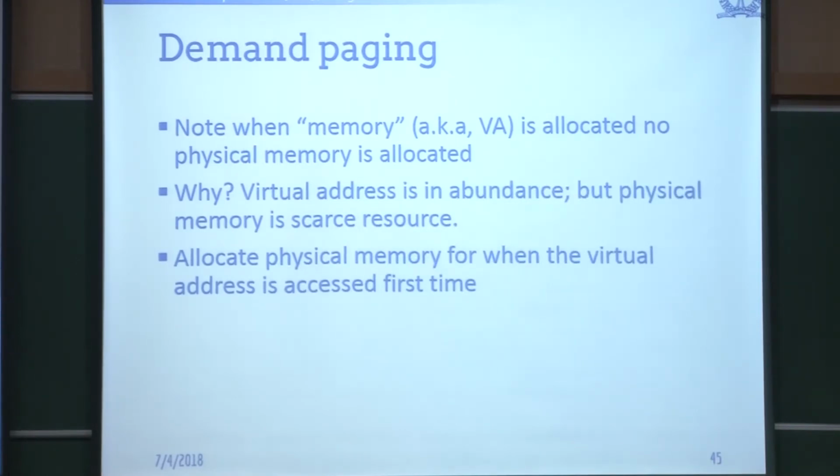The reason is that virtual addresses are plentiful. We talked about each process having 128 terabytes or 256 terabytes of virtual address space. One of you just mentioned that our hardware typically has physical memory of 64 gigabytes, 32 gigabytes, or in that range. So physical memory is a very critical, scarce resource. Virtual address space is not.